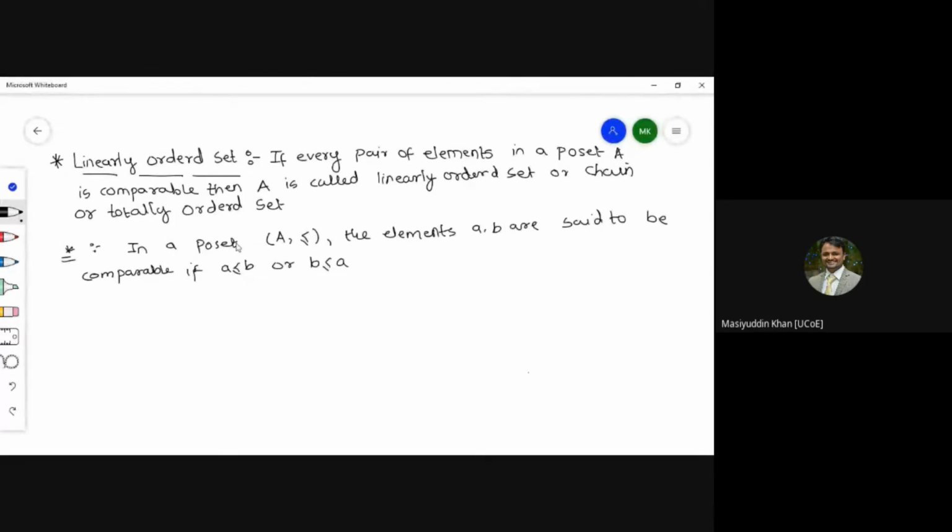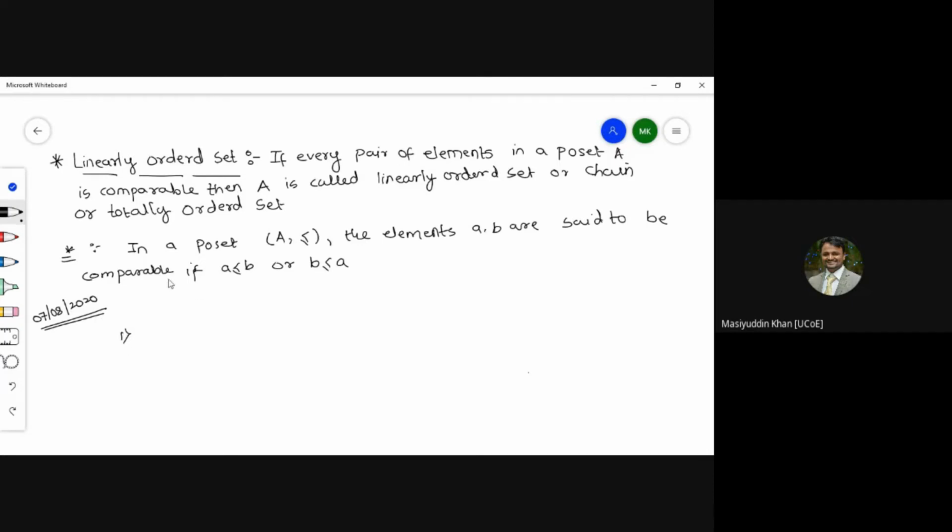Now moving ahead with the next problems. We already solved one or two problems on the basis of a poset. Today's date is 7/8/2020.